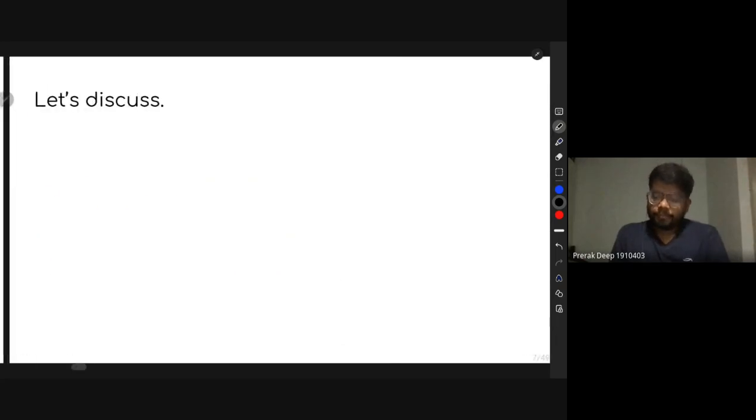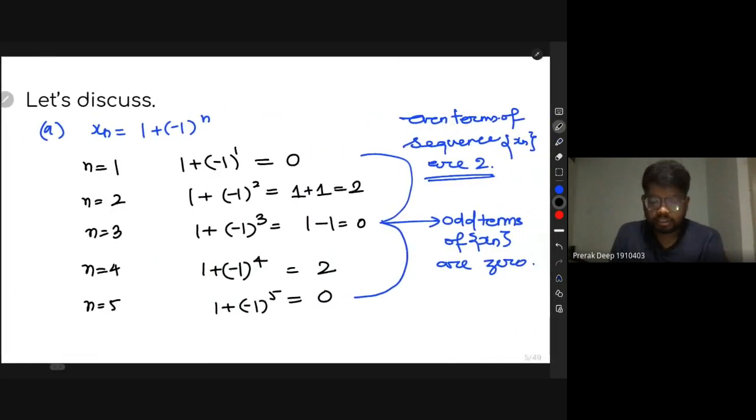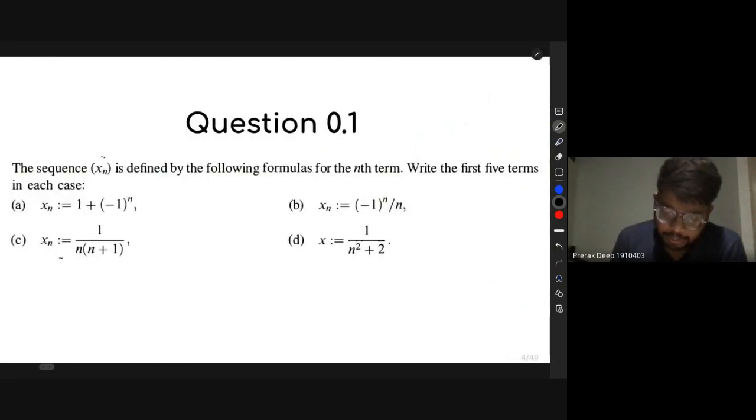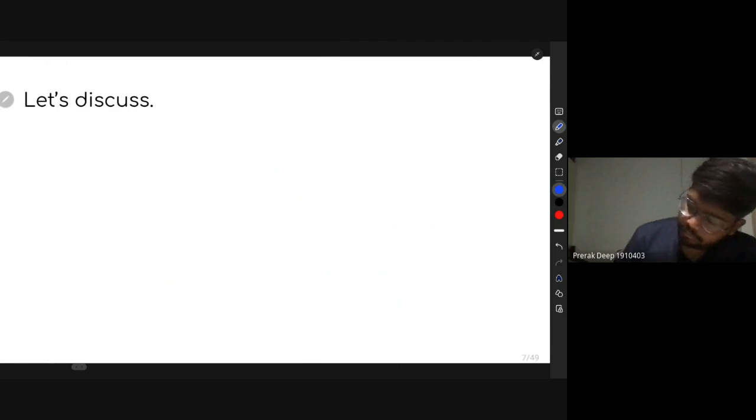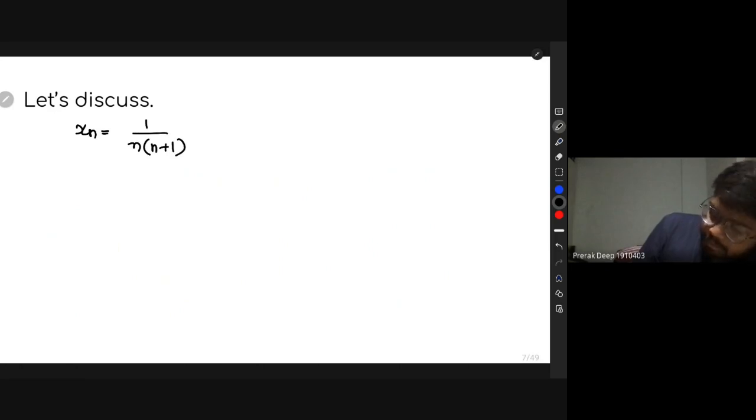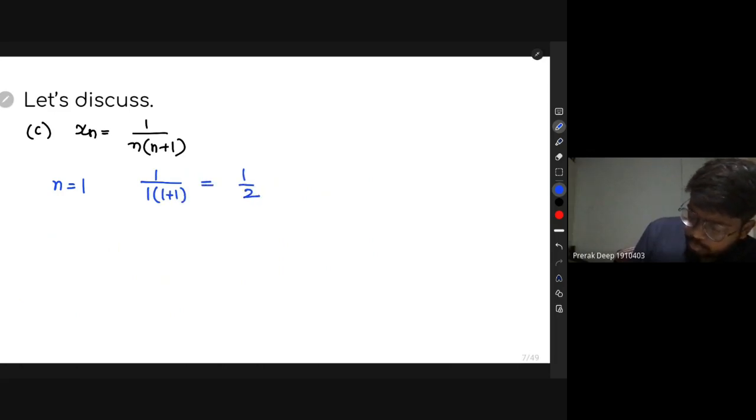Okay, now let's move on to discussing the third sequence, which is 1 over n times n plus 1. This is the C part. For n equal to 1, I get 1 times 1 plus 1, which is 2, so 1 over 2.